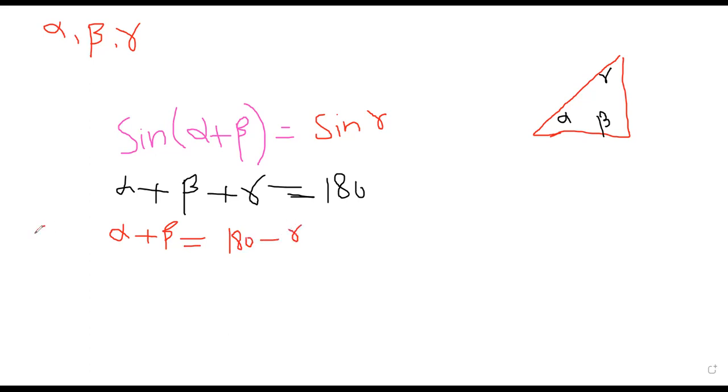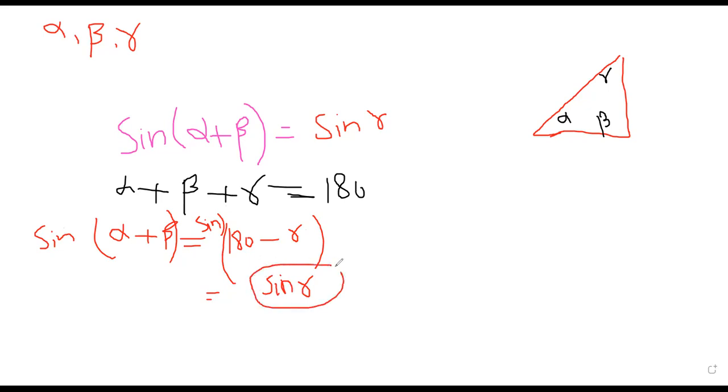So apply the formula of sine on both sides, sine of alpha plus beta, and similarly sine of 180 minus gamma. After opening this formula, this will become sine of gamma. So this is our final answer, which is equal to the right hand side of our question.